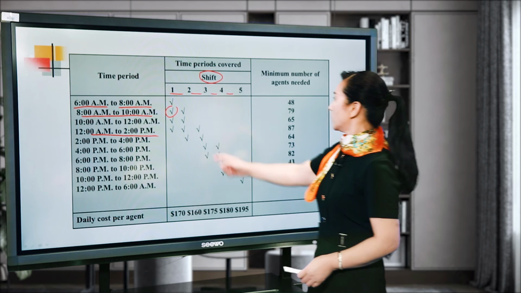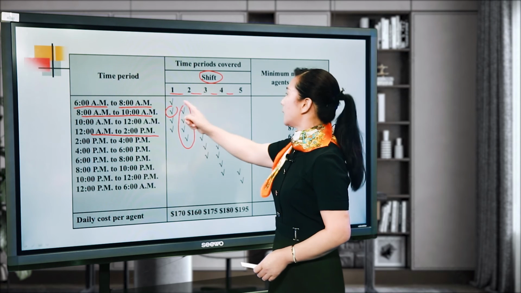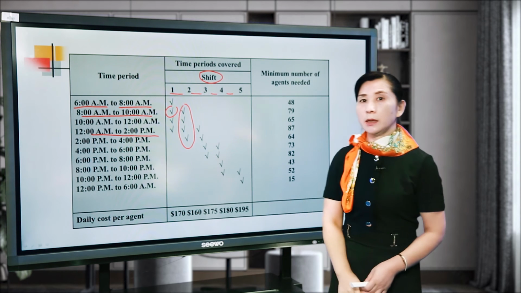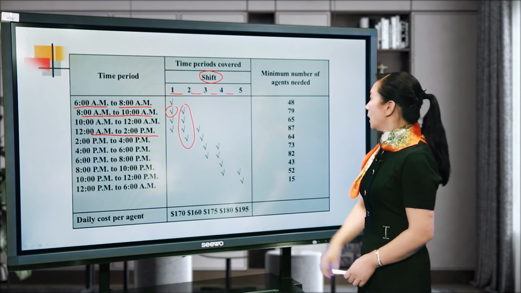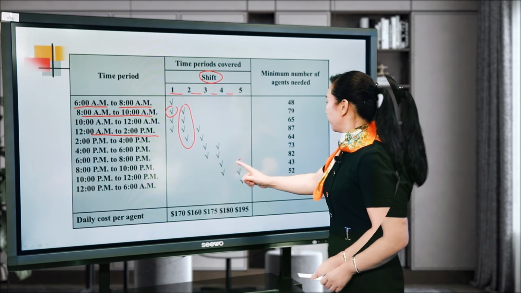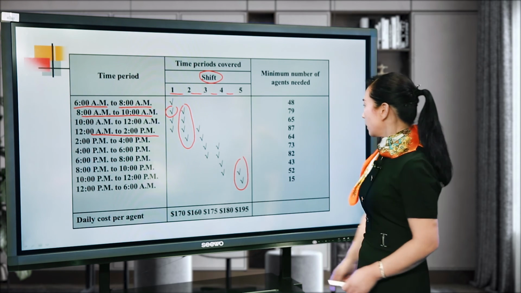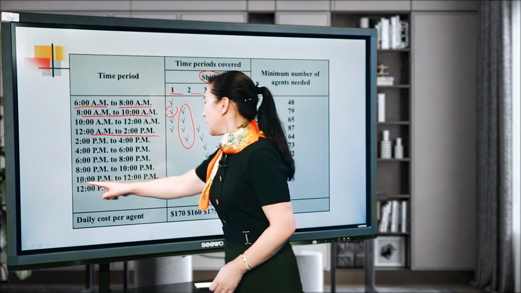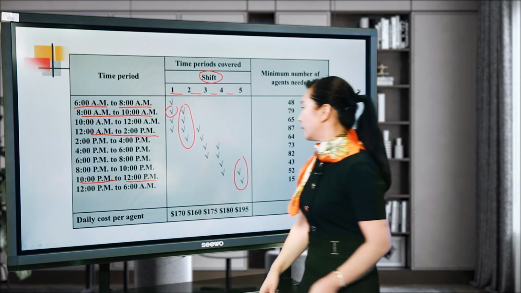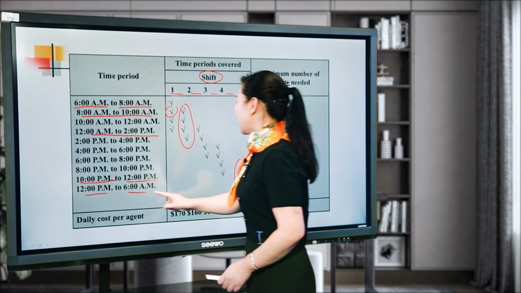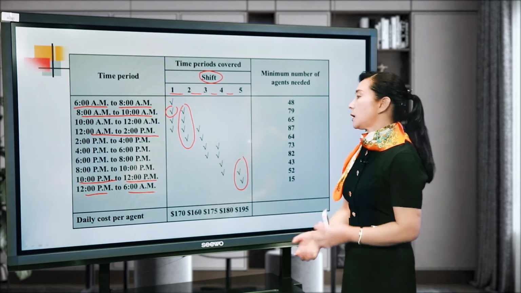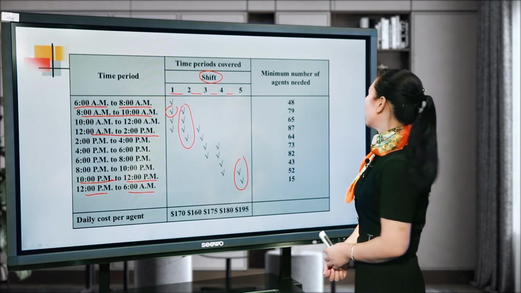And shift 2 can work in this period, and they are 8 hours too. And we notice shift 5 works from 10 p.m. to 12 p.m., and 12 p.m. to 6 a.m., and this is 8 hours too.